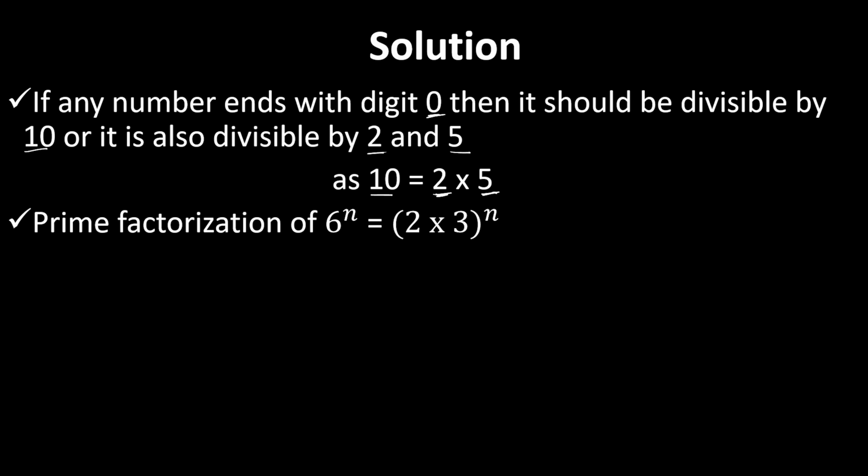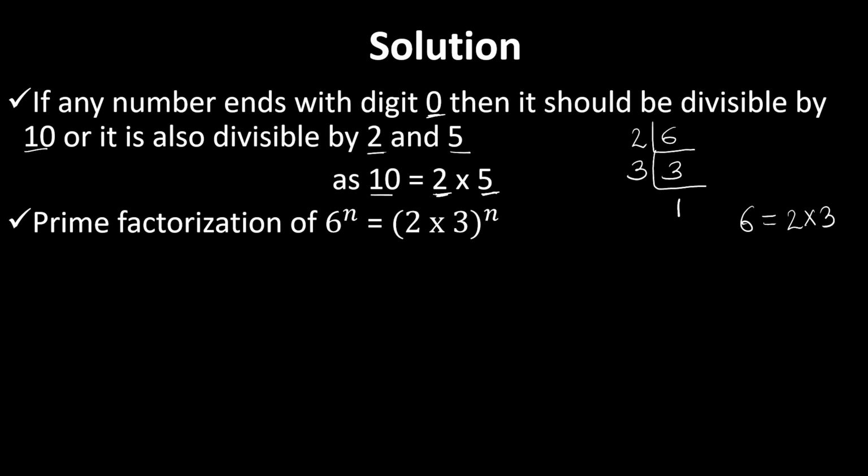So in the prime factorization of 6, what do we have? If you try to prime factorize 6, what are we going to observe? Let's divide it with 2. We are going to get 3 as a quotient. Again, if you divide 3 with 3, we are going to get 1 as a quotient. So what did we observe? That 6 is equal to 2 into 3.